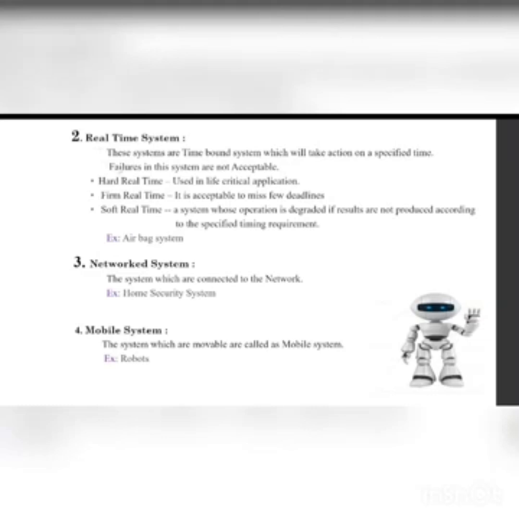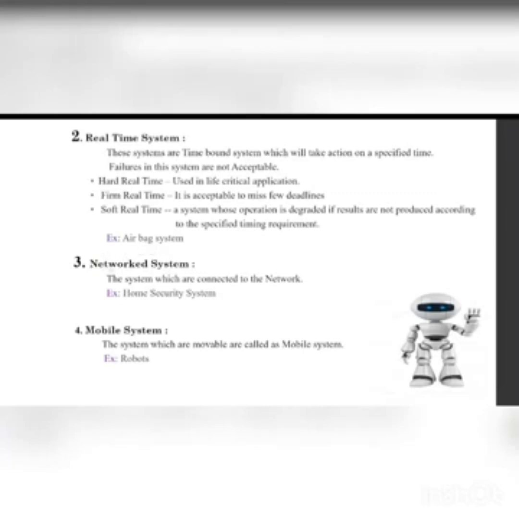Now real-time systems. These are time-bound systems which take action at a specified time. Failures in this system are not acceptable. There are hard real-time, firm real-time, and soft real-time. An example is the airbag system. We are well known about what an airbag is.